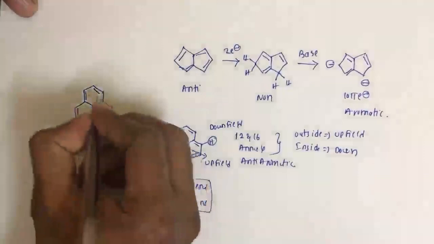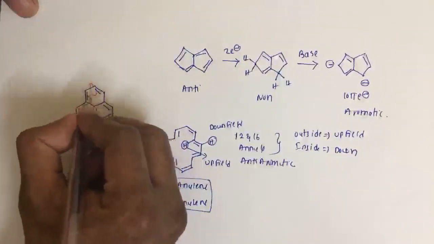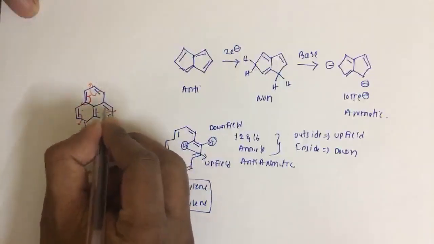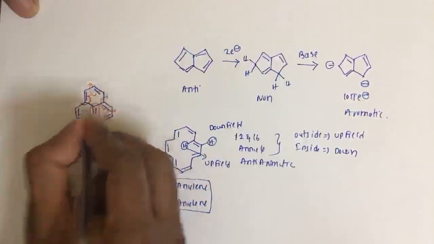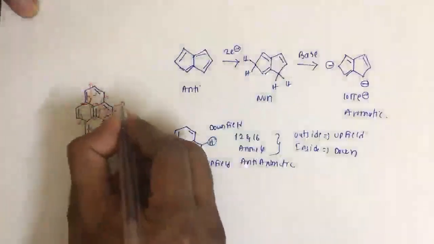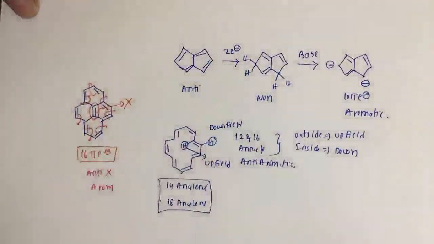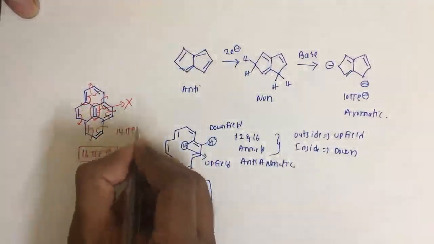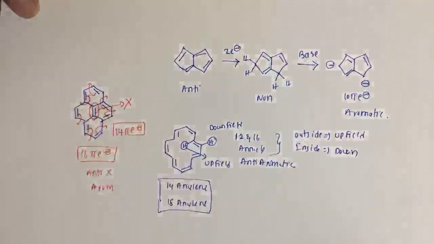How? If you see the delocalization, this double bond will not be involved in the delocalization. So now how many pi electrons are there? 14 pi electrons. So this comes under aromatic.